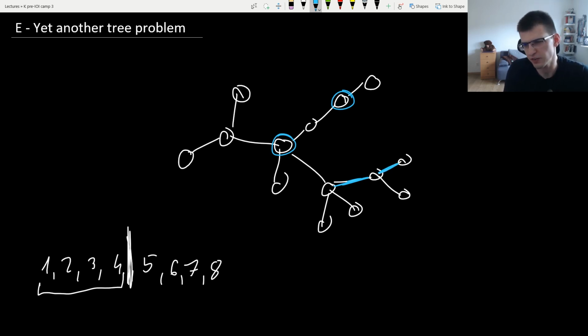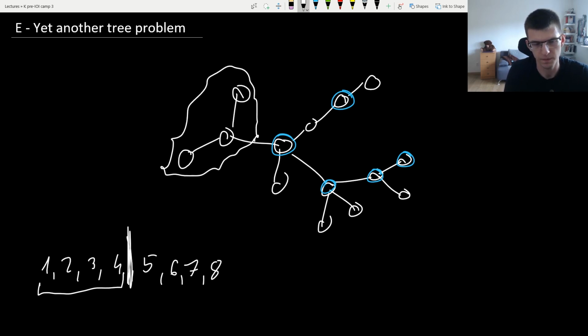Then for every edge, to simplify things, I will just mark the 2 vertices that are connected with this edge as changed. And then I know everything outside of those marked vertices will not change. And I can compress it. For this part, I'm just interested in the best path that is inside.